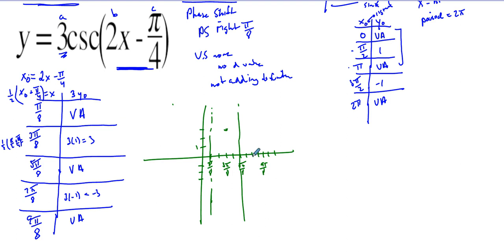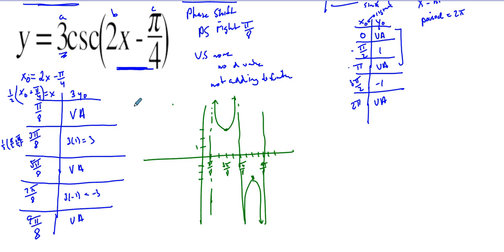And at 7 pi over 8, we're going to have -3. Then we have another one at 9, another vertical asymptote there. And so what's happening, this is going to go up like so. This can go down like so. That's what we have for our graph, and we would repeat over and over again.